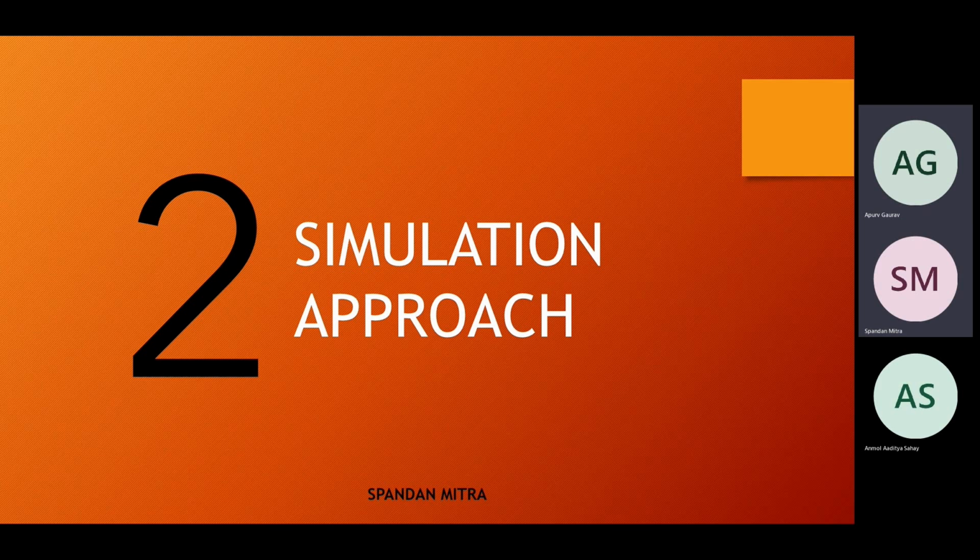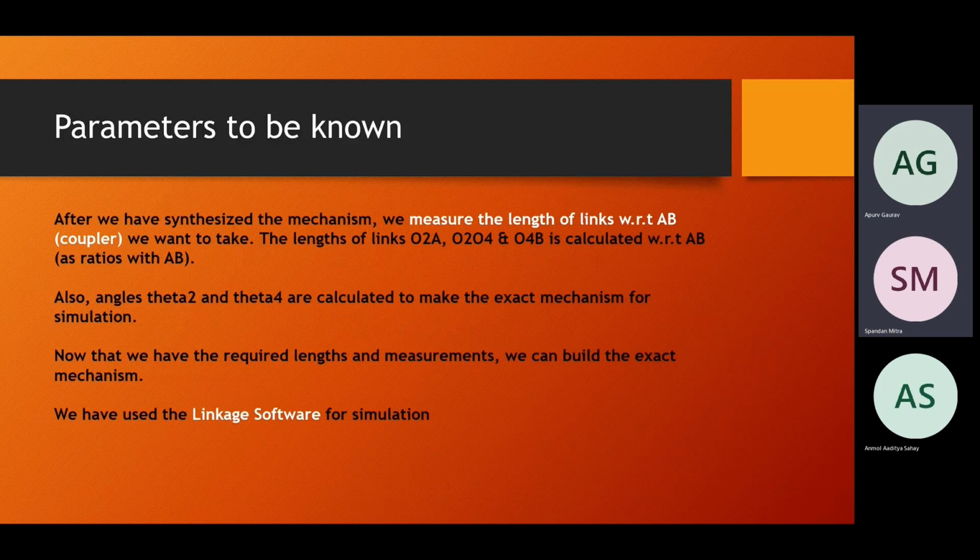Here we will be looking at the simulation approach. As we can see in the parameters, firstly we took the link AB, which is the coupler, and we took three positions, namely horizontal, vertical, and an intermediate position. With the help of synthesis, we found the positions of O2 and O4.